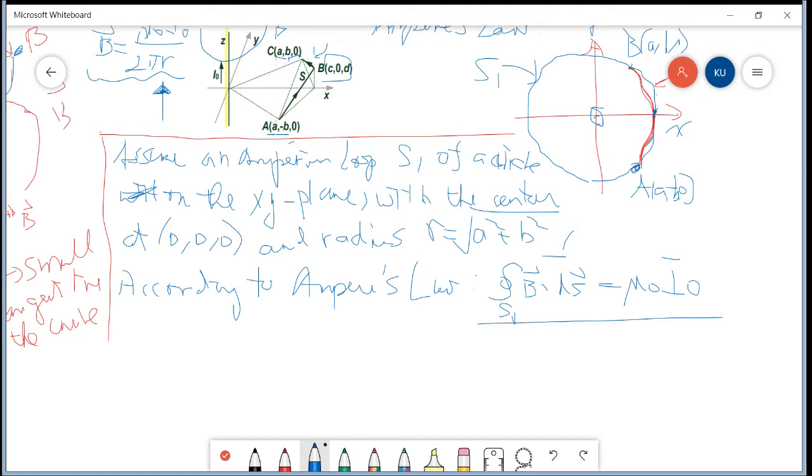So next we would like to consider the path from here, the A point, to here on the circle S1.